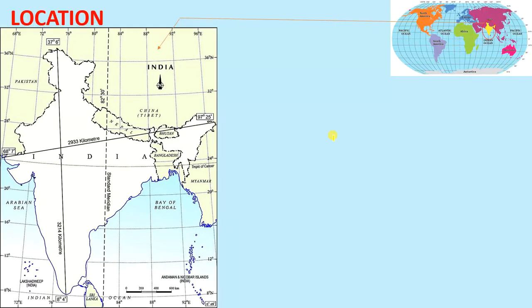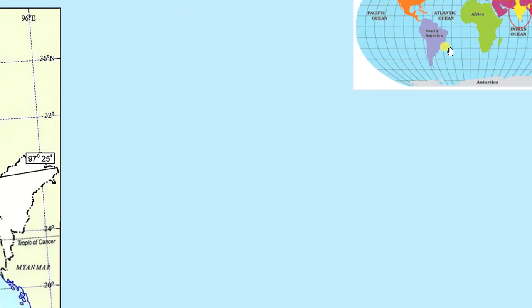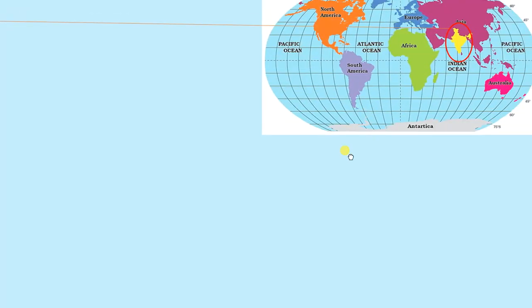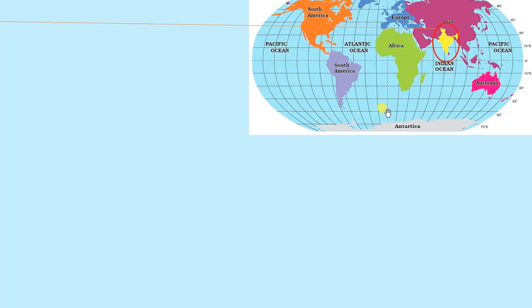About the location, if you see the globe, in class 6 you have studied about longitude and latitude.